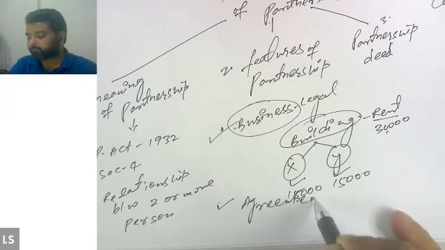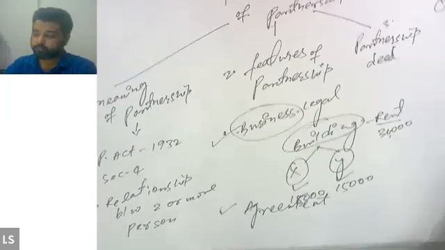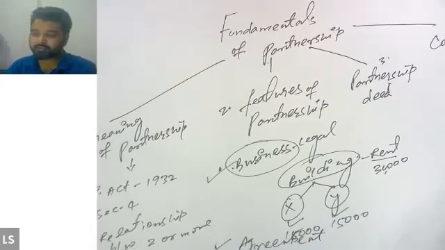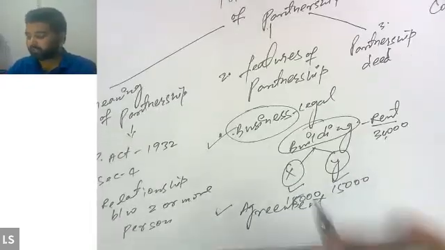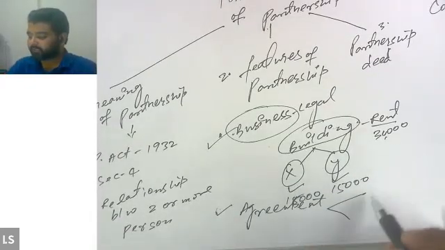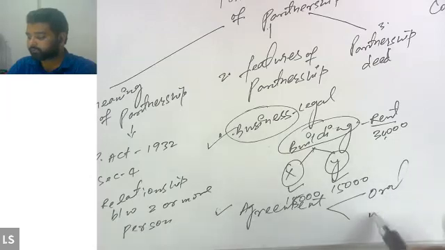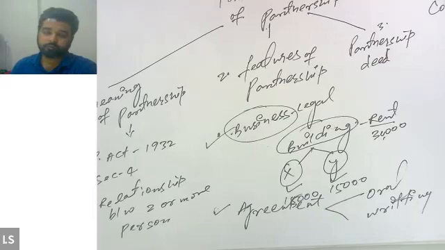agreement among the partners to run a business. Now the agreement can be oral, it can be in writing as well. The Partnership Act basically says that there must be an agreement between the partners, but such agreement need not necessarily be in writing only.